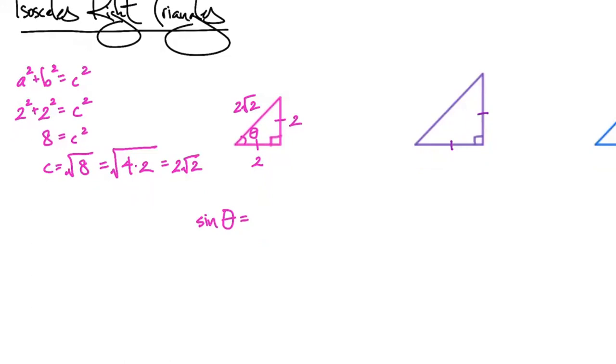Yep. We take our opposite side, which is 2, and put it over our hypotenuse, which is 2 root 2. Great. Let's reduce that. And we have 1 over root 2. Great.